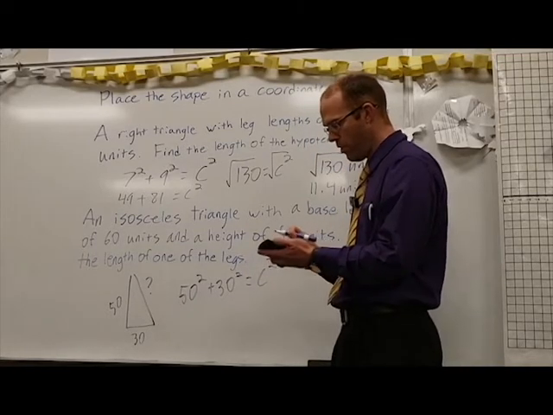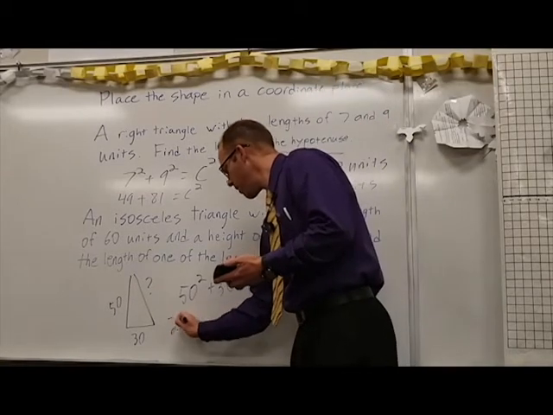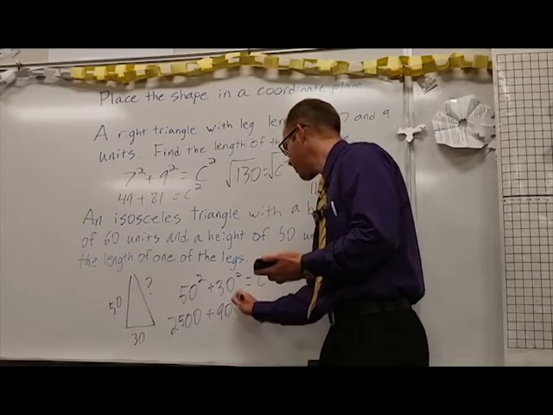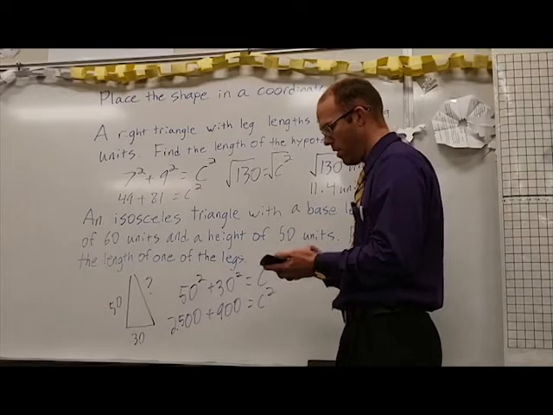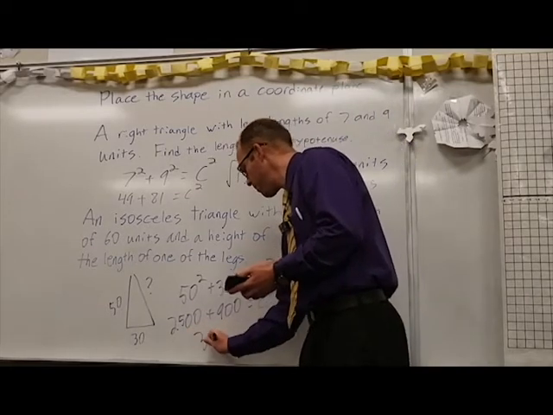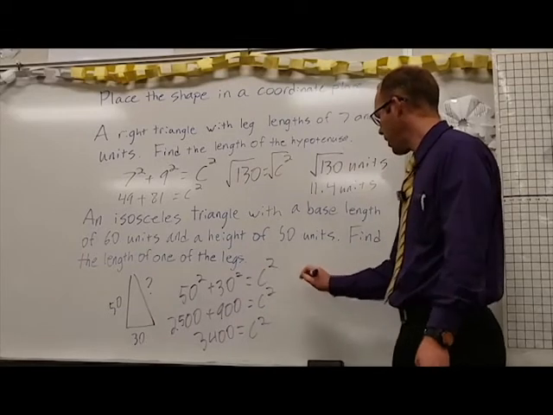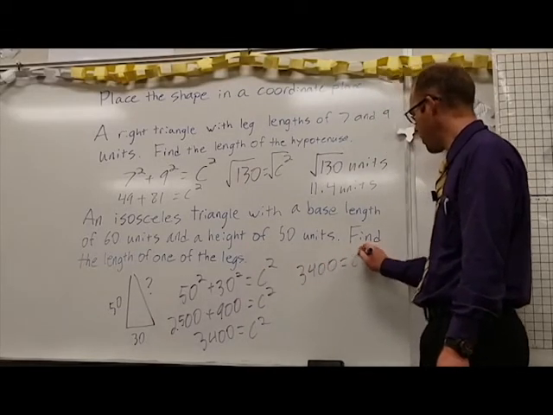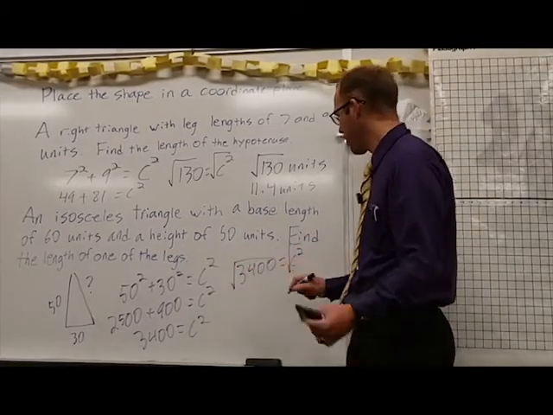50 squared is 2,500. 30 squared is 900. And 2,500 plus 900 is 3,400. So we've got 3,400 equals c squared. We need to eliminate the square again, so we'll take the square root of that.